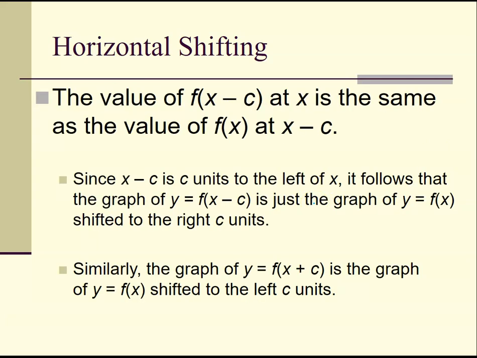So that is how we will determine now the graph. But here, always remember, if it is f(x minus c), it will go to the right. But if it is f(x plus c), it will shift to the left by c units. It's different from f(x) plus c, which goes up, and f(x) minus c, which goes down. With f(x minus c) and f(x plus c), we have different shifting.